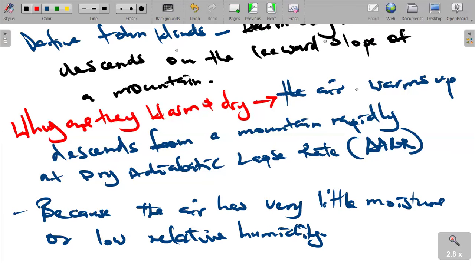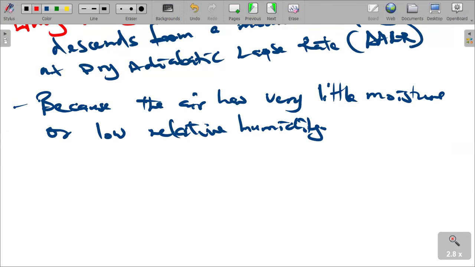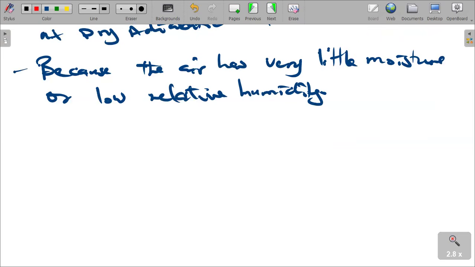And then, why is the windward side usually wet or rainy?